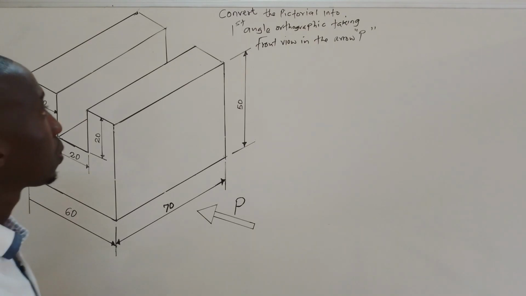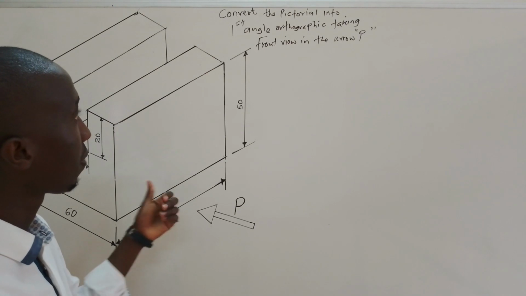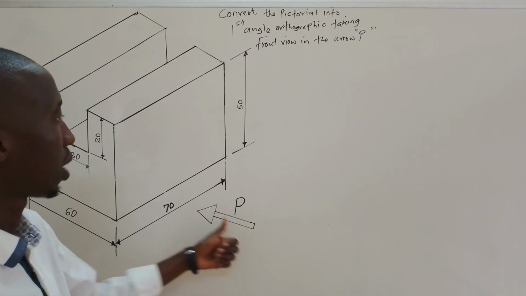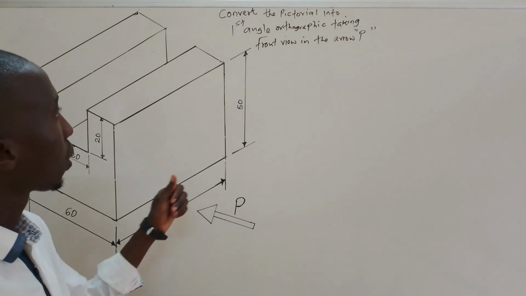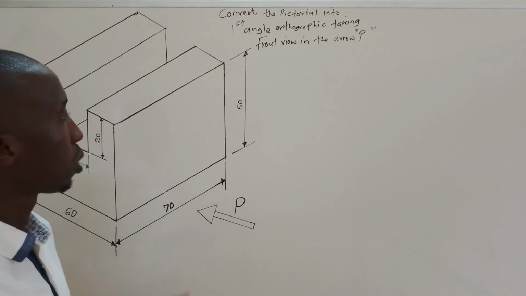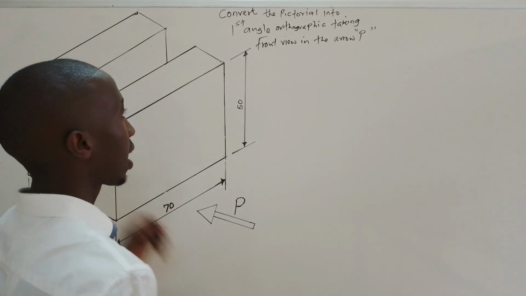Now, the first thing we need to know is the format of first angle when you've been given the front elevation in this direction. There is a certain format you must follow. Let me just expound on first angle.